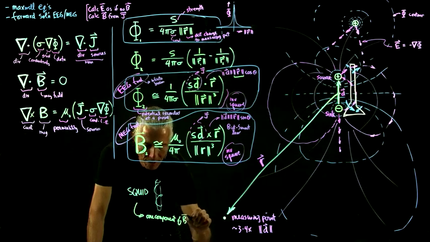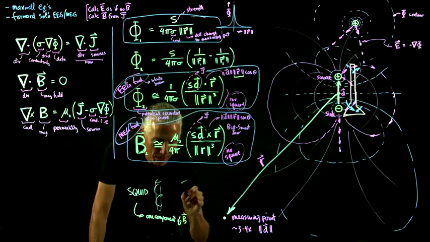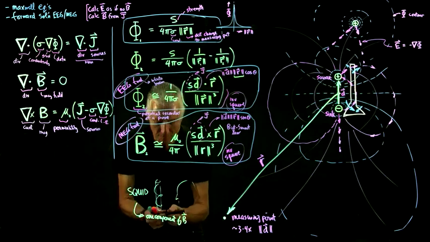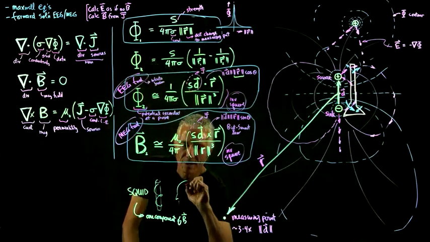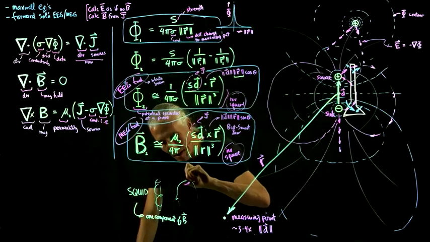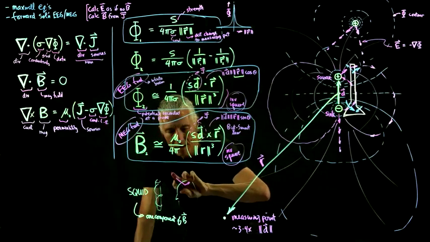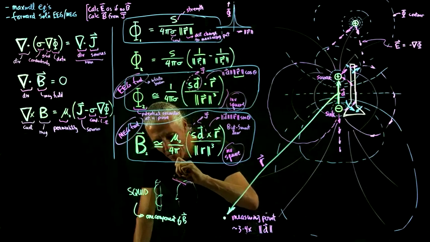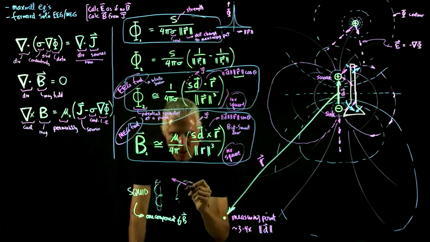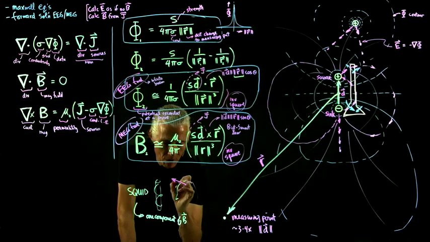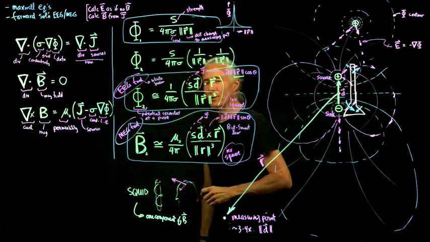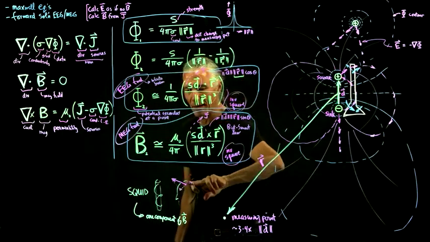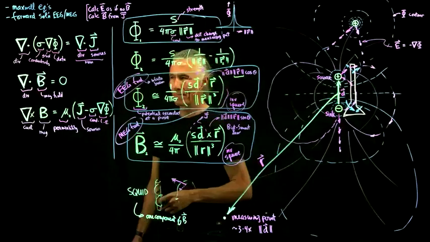So if here's the head, you might just record the component of B in this direction. The actual B might be in that direction, but you'll just record this component of B, parallel to the head or perpendicular to the head.